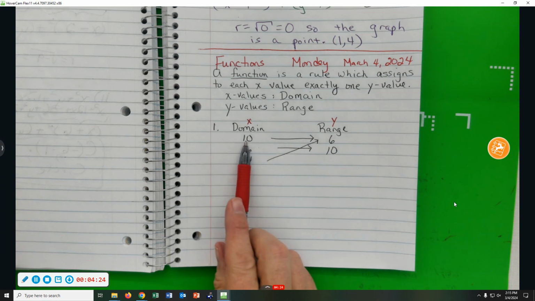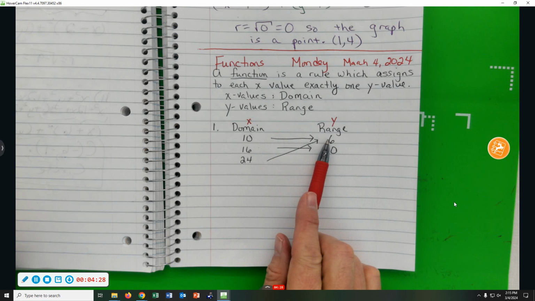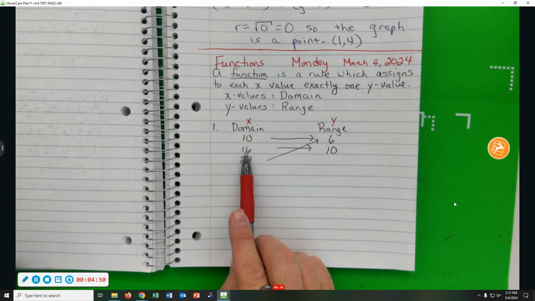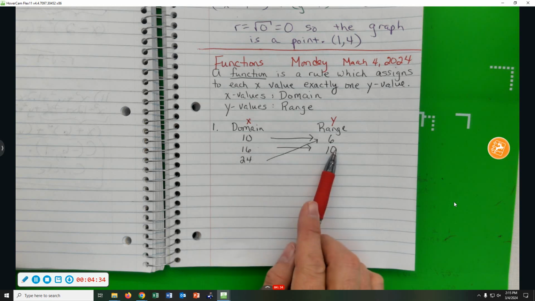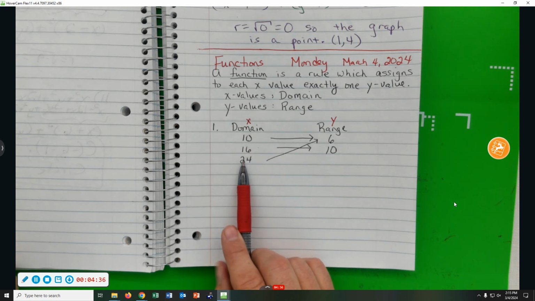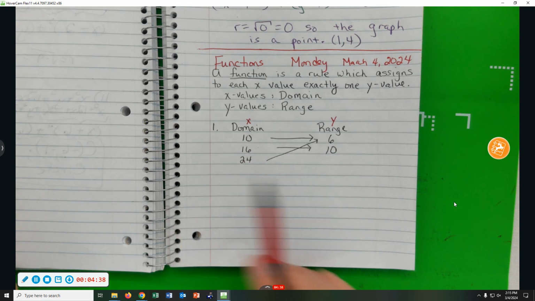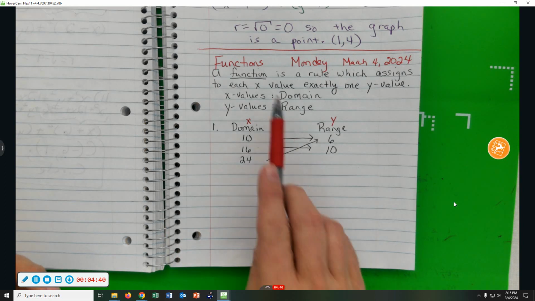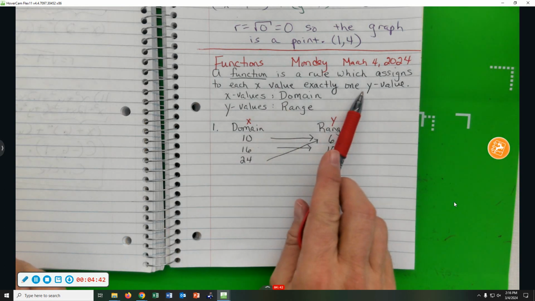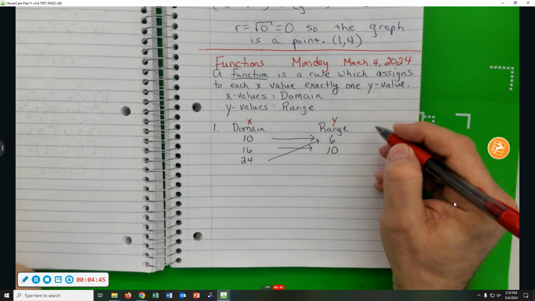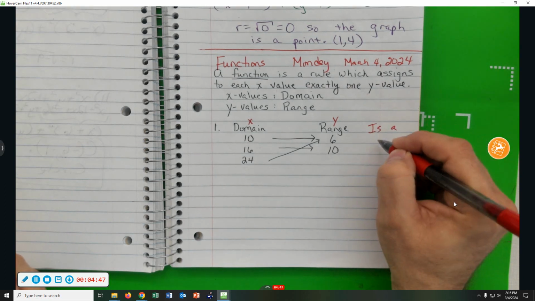How many y values is the number 10 being assigned? Just one, that's 6. What about 16? Just one. What about 24? Just one. Is each x value being assigned exactly one y value? Yes, so this is a function.